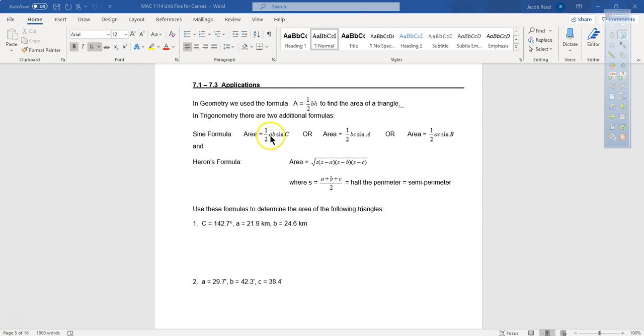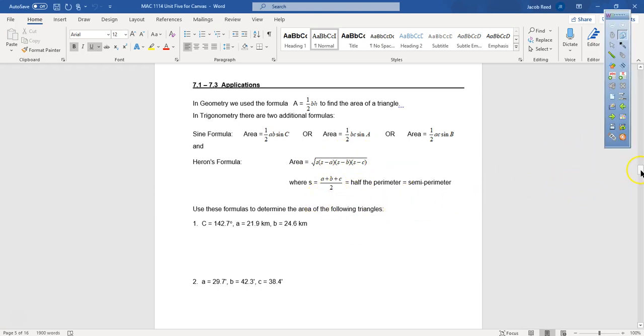So in this case, AB is the sides, and we're talking about sine C. Here, BC, and then sine A, and here AC, sine B. Okay, so we're using two sides, and then the angle that is not across from one of those two. There's also Heron's formula. Heron's formula is side, which is half perimeter. So it's semi-perimeter, and then semi-perimeter minus A, semi-perimeter minus B, semi-perimeter minus C, all multiplied together, and then take the square root.